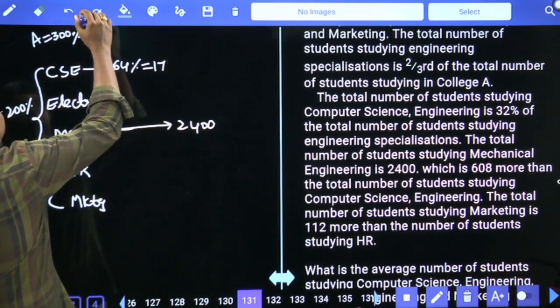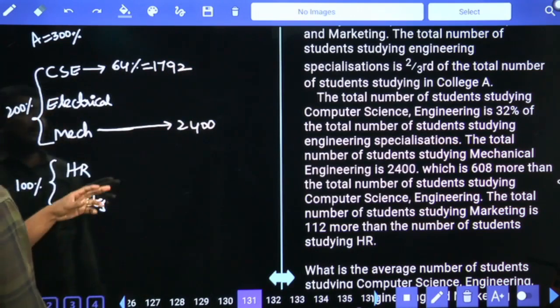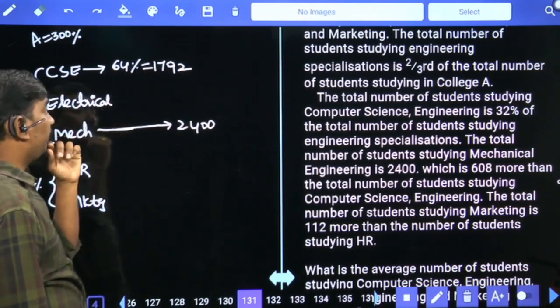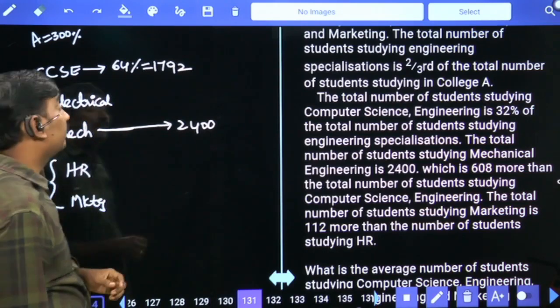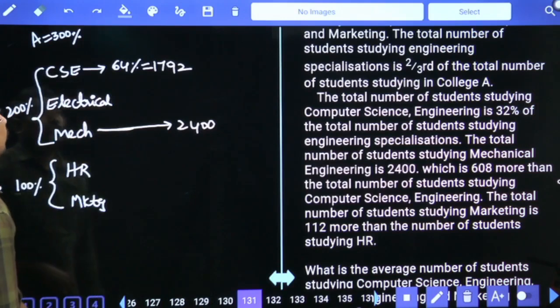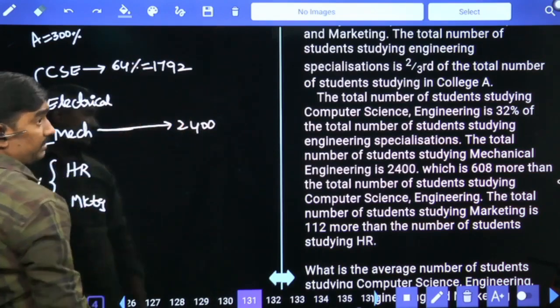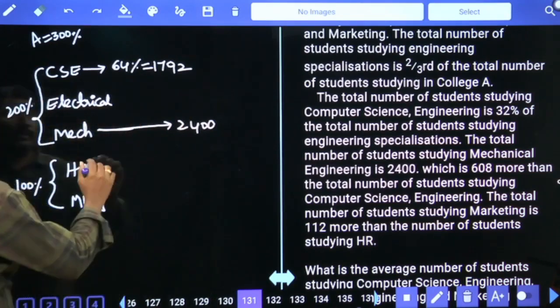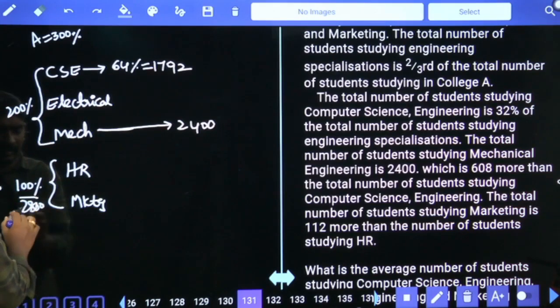This is 1792, not 1788. So 64 2s are 128, left with 512. 512 means 8 times. Yes. 1% value 28, then 100% value 2800.